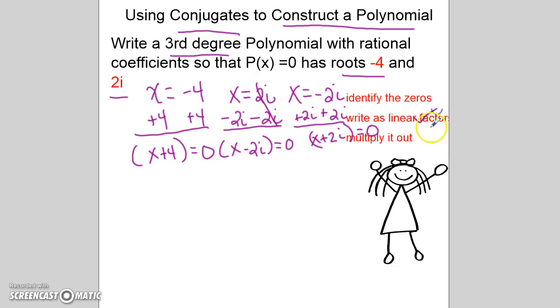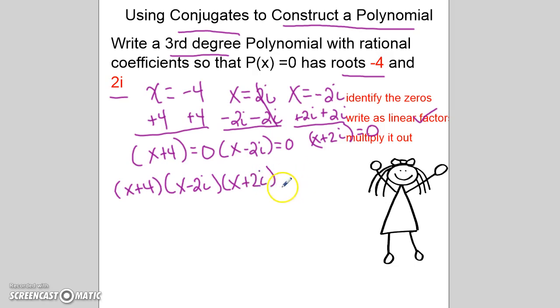So those are my linear factors. Then we multiply this out: x plus 4 times x minus 2i times x plus 2i.